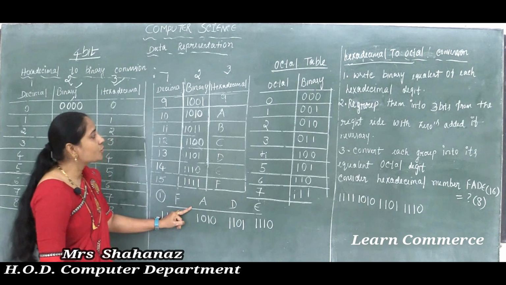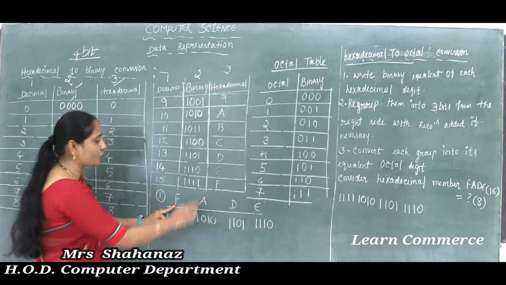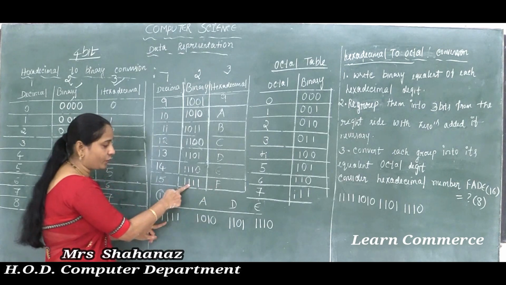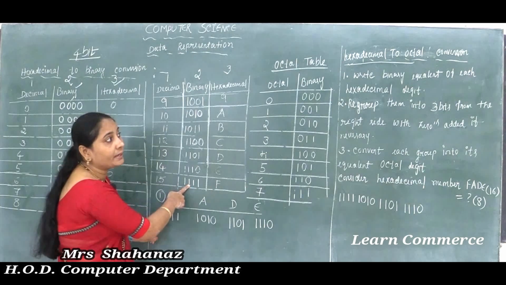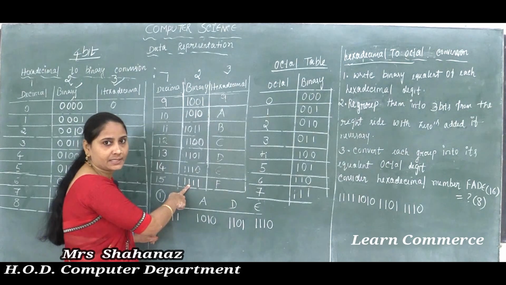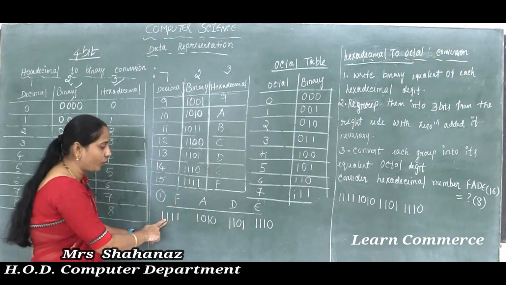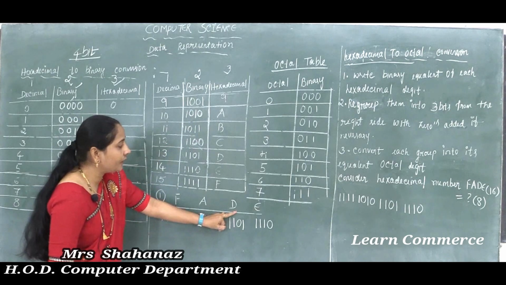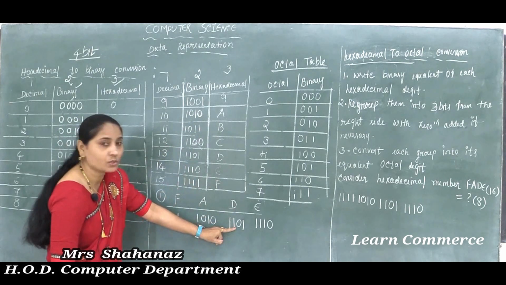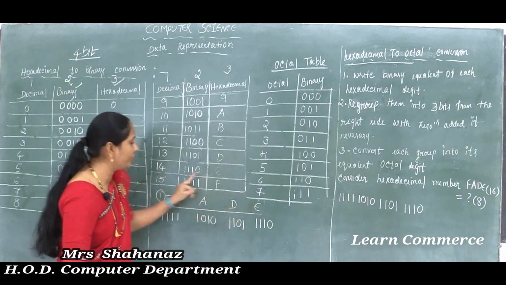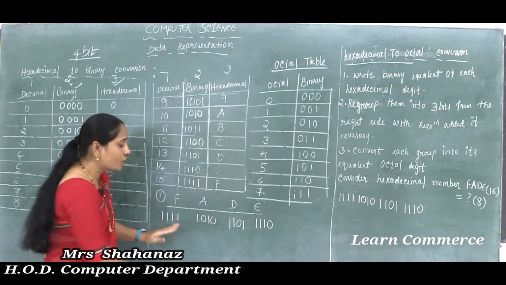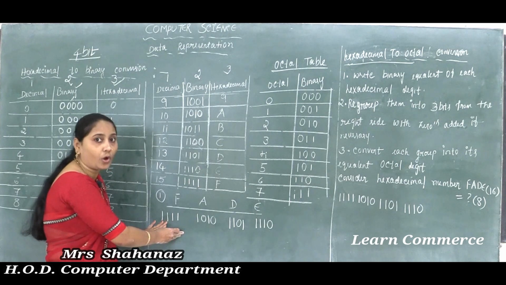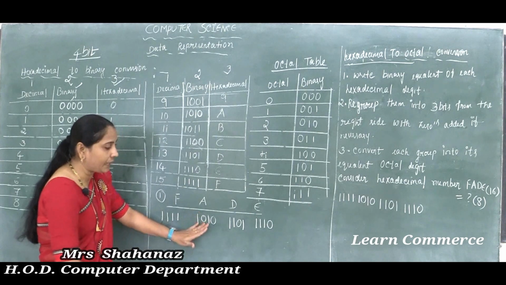First is F, so I write four ones, F is equal to 1111. A is 1010, D is 1101, and E is 1110. So totally I completed the binary equivalent of each hexadecimal digit.